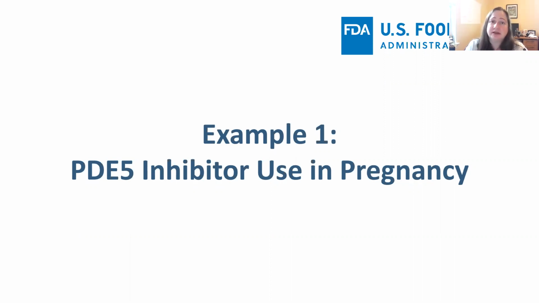A lot of times there isn't necessarily a validated algorithm, or we don't think we can capture it well in claims. Can we capture all the key covariates? Sometimes, if you need lab data or BMI, that can be tricky in secondary data. And do our tools handle it? So it's going to depend on every study that comes up whether or not you can do it. I can't say across the board all of these yes, all of these no. But depending on all of those components, it would certainly be feasible.